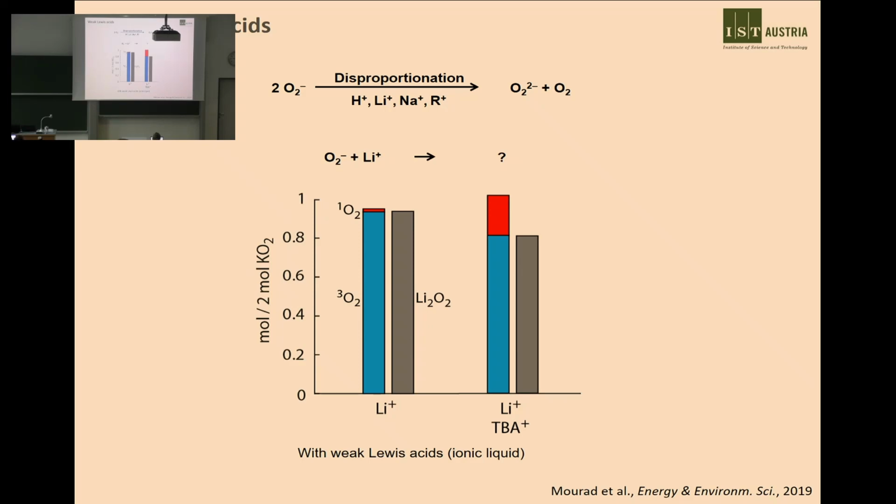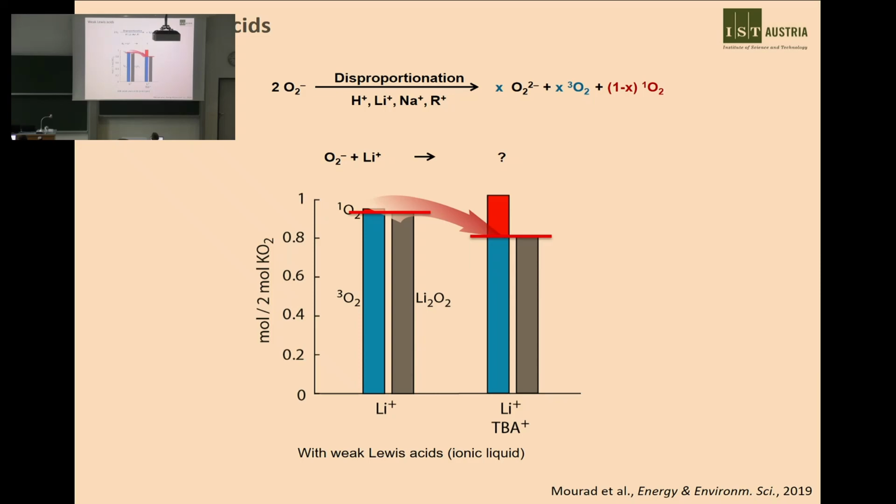The singlet oxygen yield goes up, and triplet oxygen and peroxide go down. And so we can rewrite this equation: we are getting as much peroxide as triplet oxygen, and what is missing here is singlet oxygen. We actually don't know why we lose the peroxide.